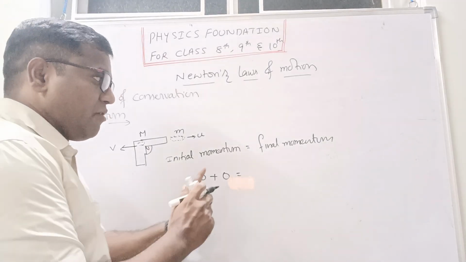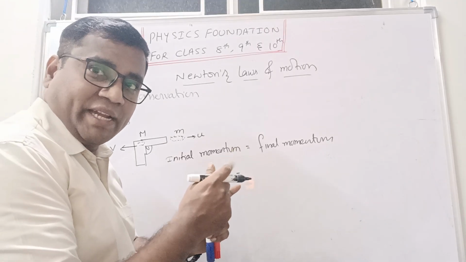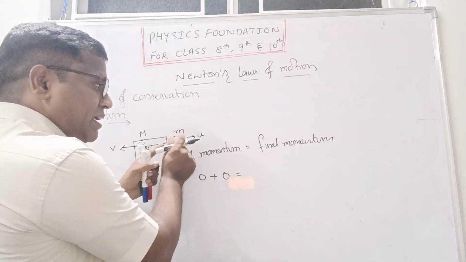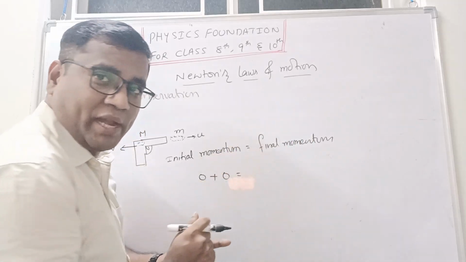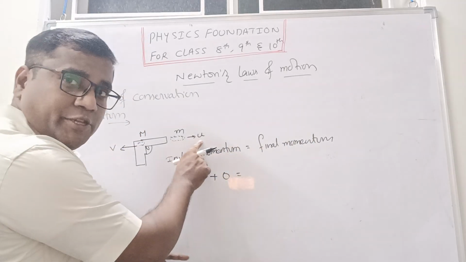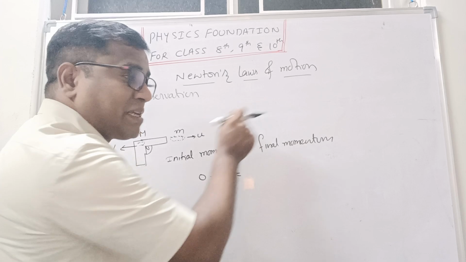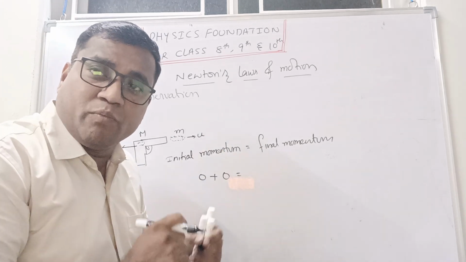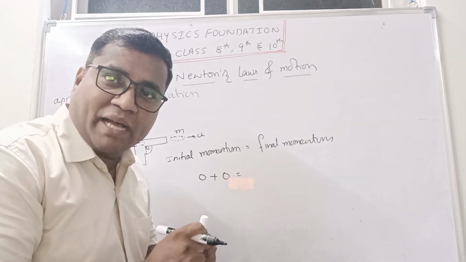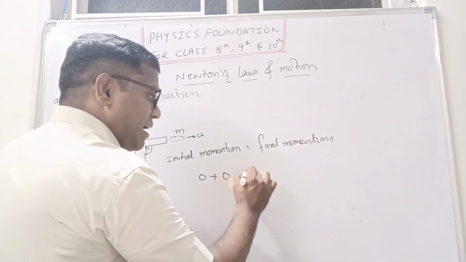Now, when triggered, the bullet will move forward with velocity u, so its momentum is m into u.